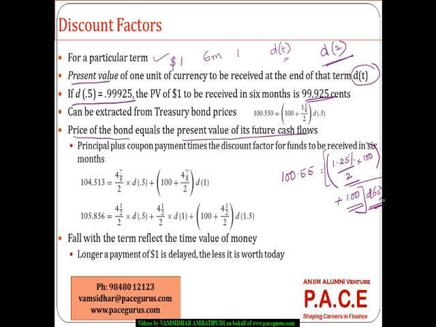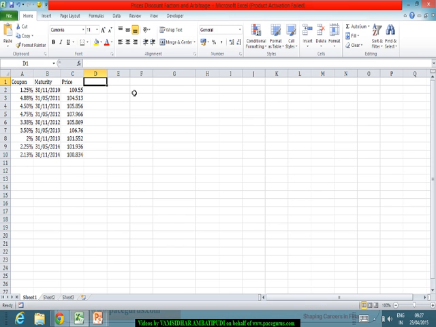Now based on that, I'll get the discount factor for the 0.5 period. Let me call it the semi-annual coupon that is received in each of the periods. So this number divided by 2, I'm multiplying it with 100.